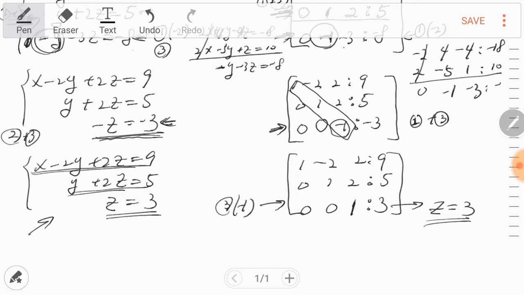I think in the previous section I explained incorrectly, because if the third row is like this, then this means the equation is z equals 3. Okay, so there is a solution. Whenever the third row is 0 equals 0, then there are infinitely many solutions.